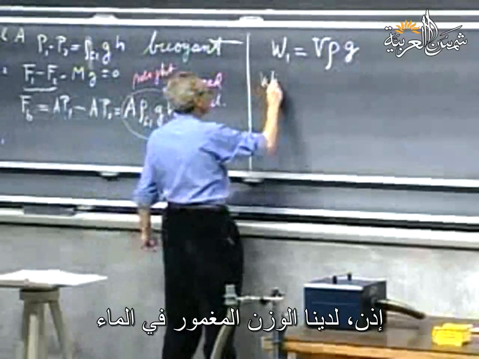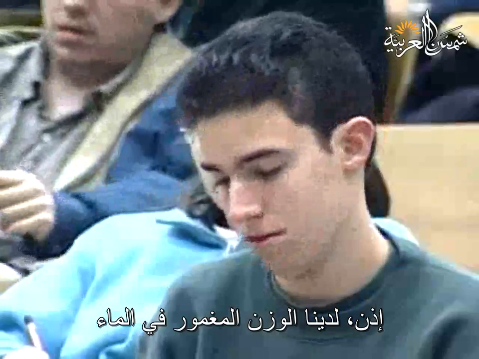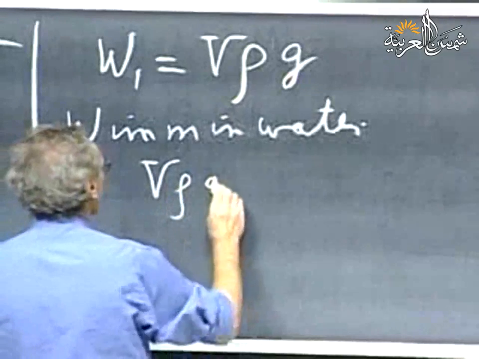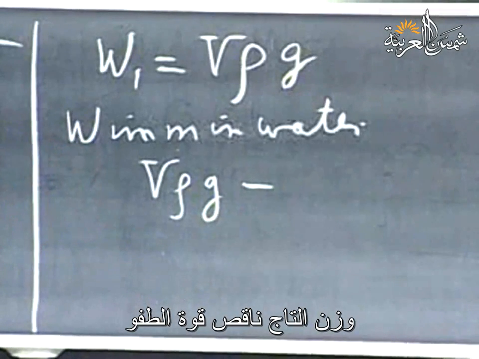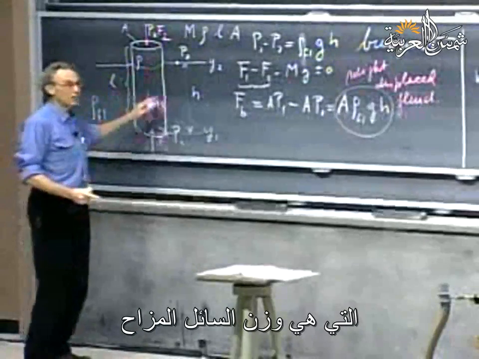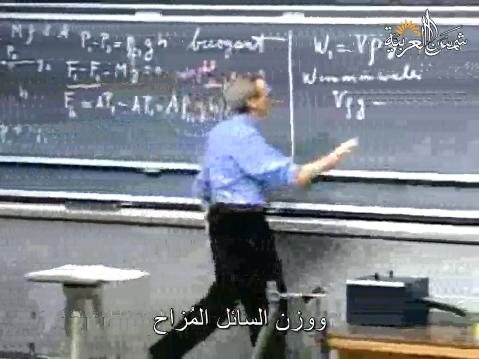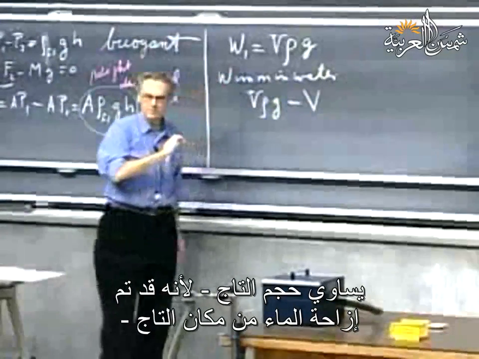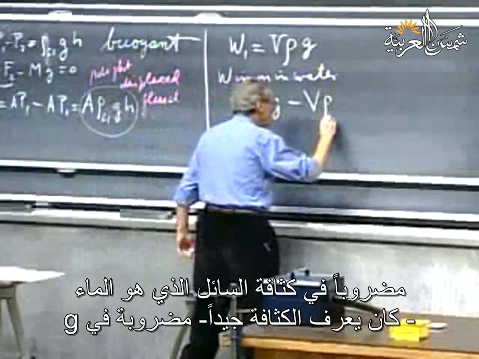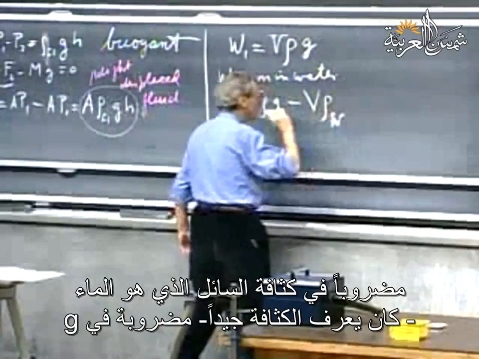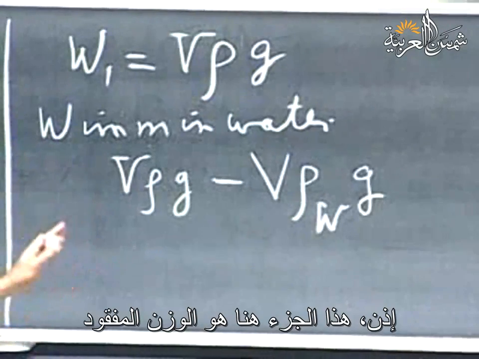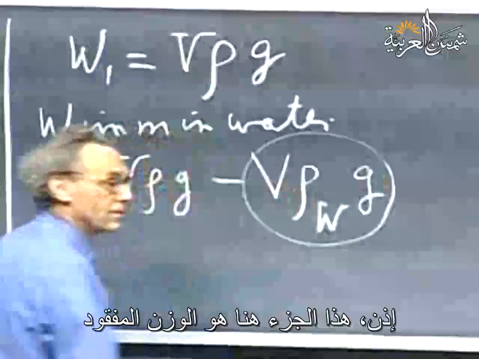And so now we have the weight immersed in water. So what you get is the weight of the crown minus the buoyant force, which is the weight of the displaced fluid. And the weight of the displaced fluid is the volume of the crown, because the crown is where the water has been removed, times the density of the fluid, which is water, which he knew very well, times G. And so this part here is weight loss.